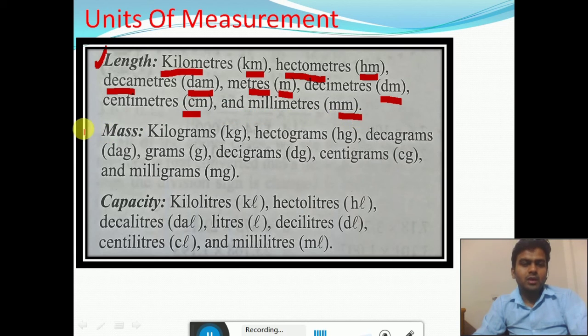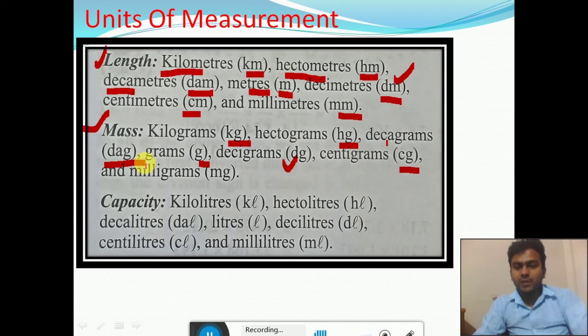Like this, for weight or mass: kilogram represented as kg, hectogram as hg, decagram as dag, gram as g, decigram as dg, and centigram as cg. Here dg means decigram and dag means decagram.